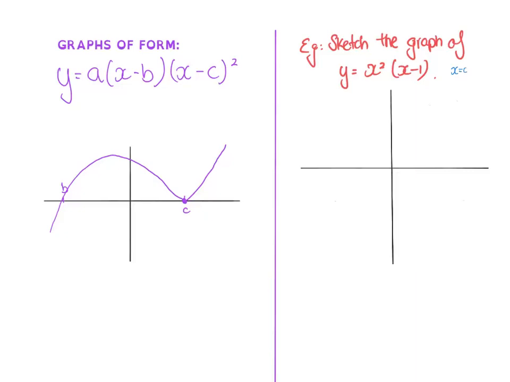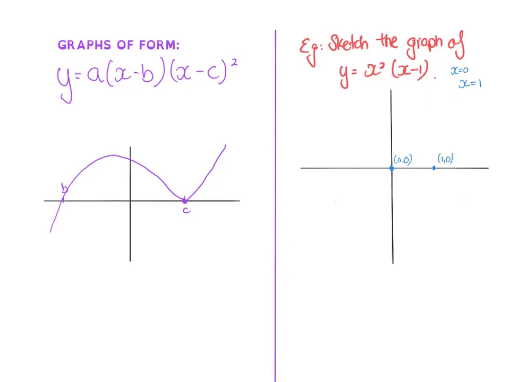So x equals 0 is one intercept, and x equals 1 is the other one. Because of the squared term, we're going to see the graph turn on that one, and then we've got another intercept at 1. So 1, 0, and 0, 0.